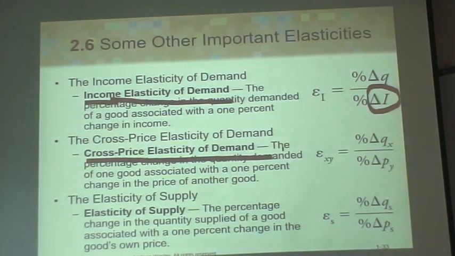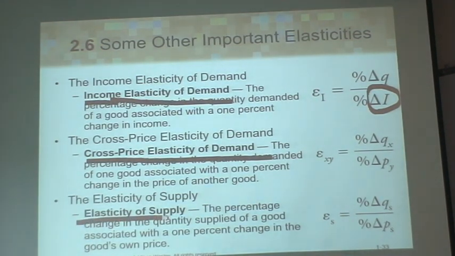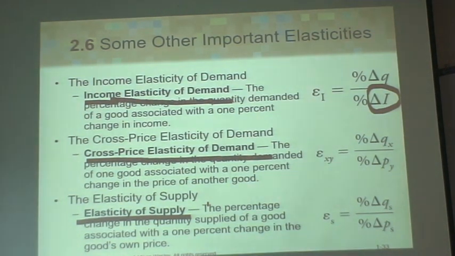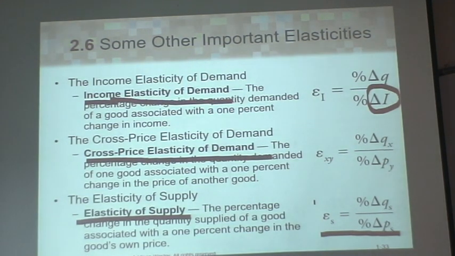If it is positive, the 2 goods are substitutes. If it's negative, the 2 goods are complements. And if we really want to know something about elasticity of supply, we will wait until the study of producers' behavior.